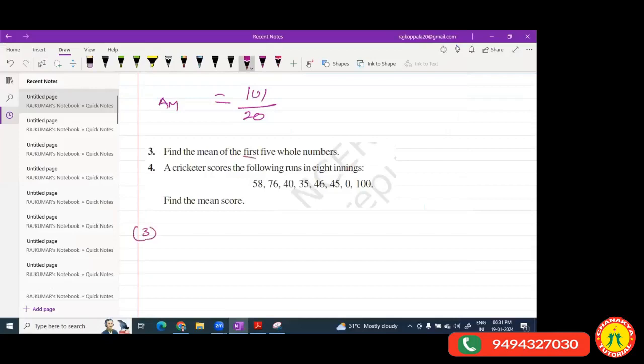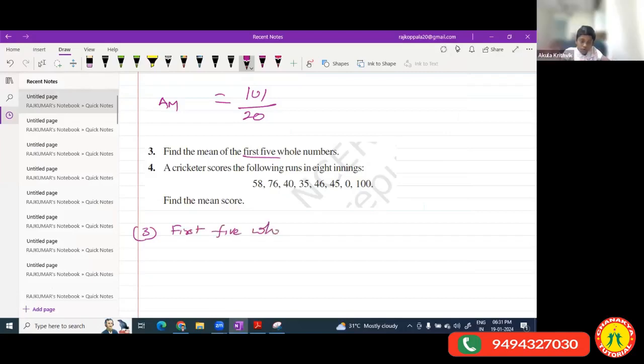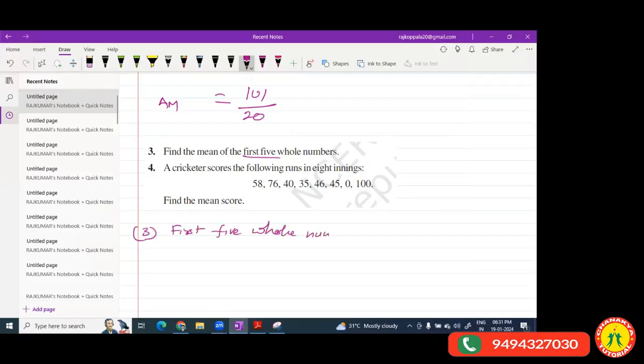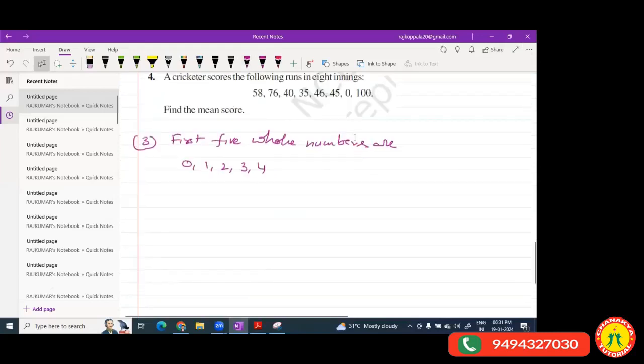Find the mean of the first 5 whole numbers. What are the first 5 whole numbers? Sir, 0, 1, 2, 3, 4. Very good. The first 5 whole numbers are 0, 1, 2, 3, 4. Now they are asking to find the mean.